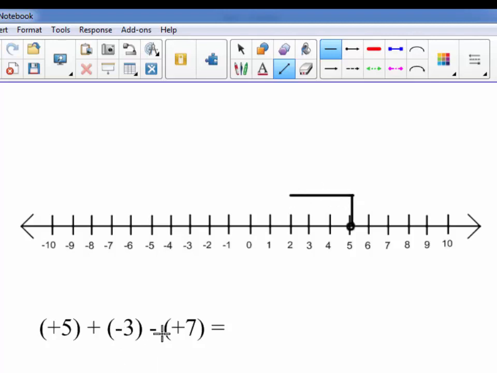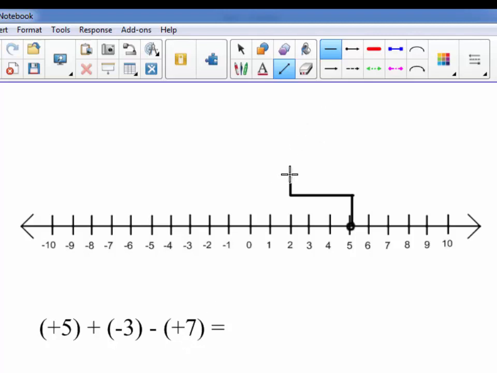Excellent. Now because I have another operation, I go up to the second level and see what we are going to do. I have what here? Subtraction. So I have to make note, this is the opposite of the addition. If it was addition, a positive, I go to the right, but because it's subtraction I go to the left. How many steps? 7 left.